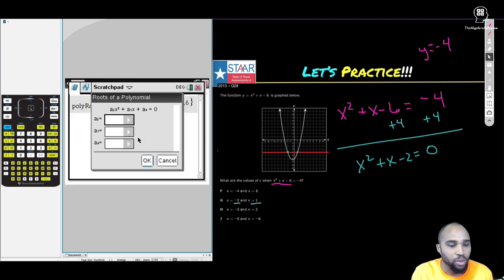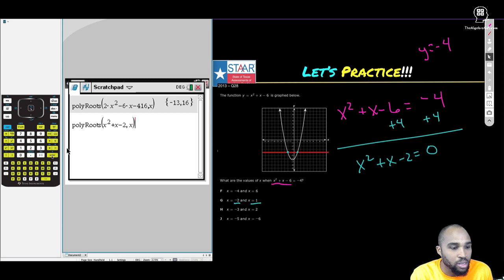We got degree of 2. So we have an a equals 1, b equals 1, and a negative 2. So we're just going to put in 1, 1, and negative 2. And press OK. And let's see what happens if you press enter. Look at that, negative 2, 1. Negative 2, 1, just as we saw when we visualized it on the graph.